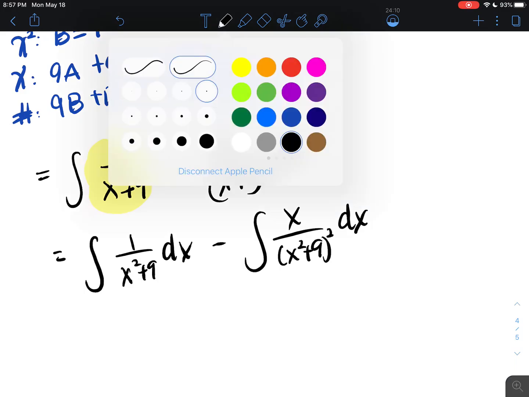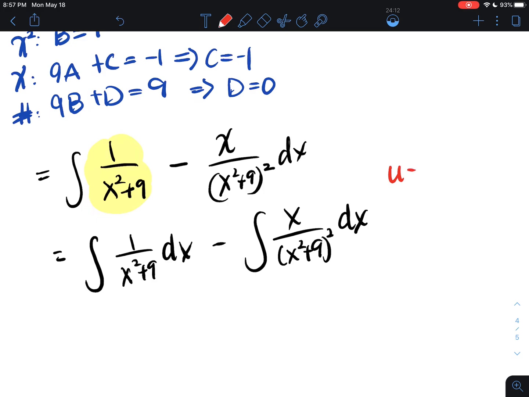Second term, let's do u substitution. So then I have u equals x squared plus 9. So then I have du equals 2x dx. All right. I'm not going to use that 2, so 1/2 du is equal to x dx.